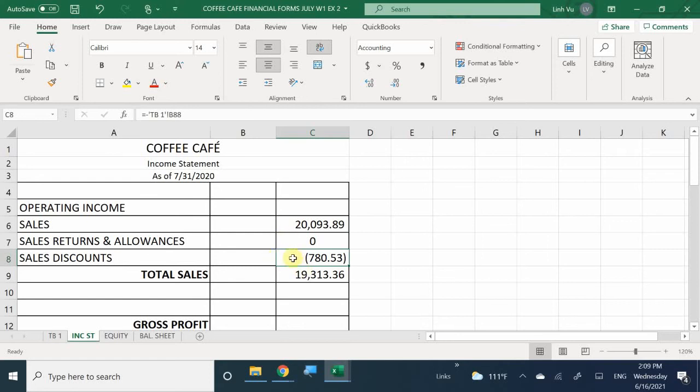Okay, I wasn't putting the negative sign, I was putting it after I put the equal sign. Okay, there you go, perfect. For this one, you just put a negative and click on the cell reference and it will automatically take that number. Okay, and then equal sum for the total sales, right? Mm-hmm.